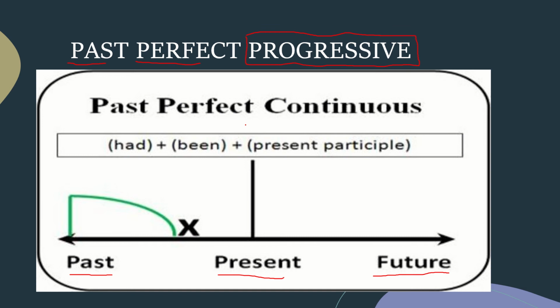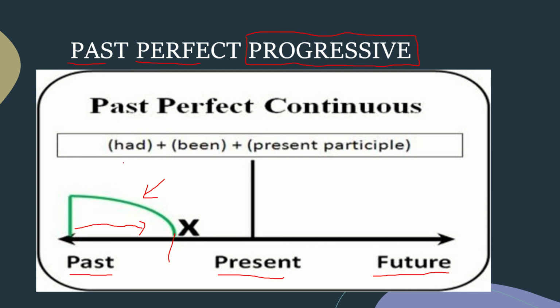So the past perfect continuous is in this part, as you can see here. It is an action that happened in the past but still continued for a period of time in the past. This is the present, so it's still in the past.